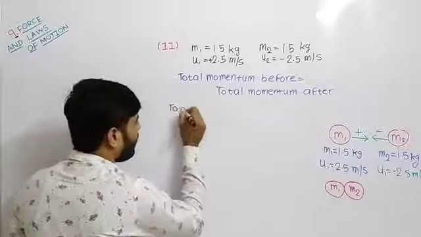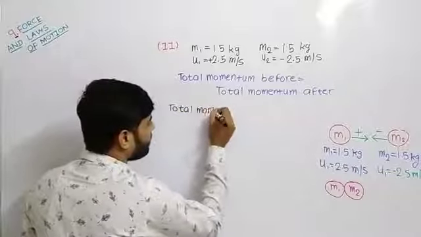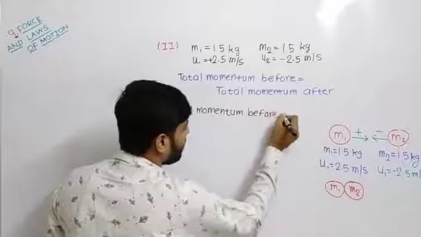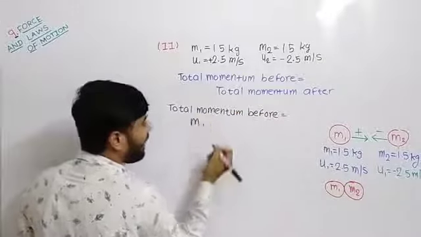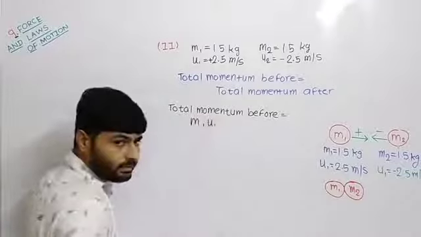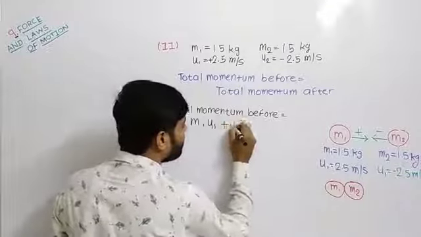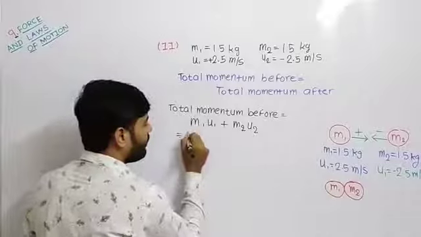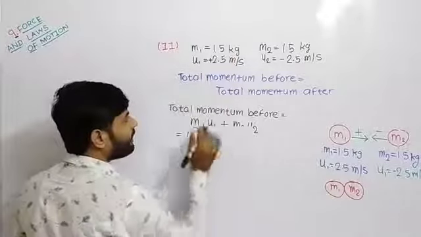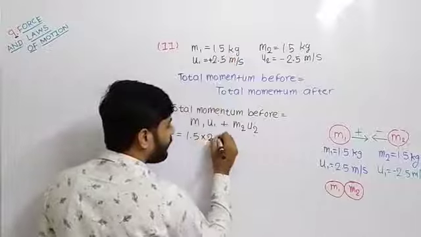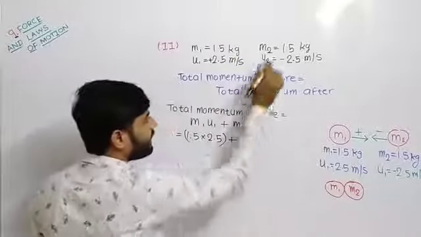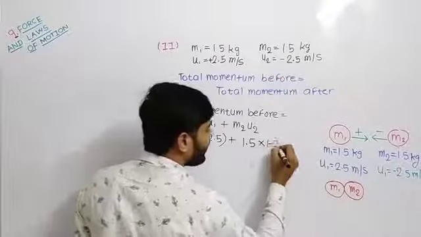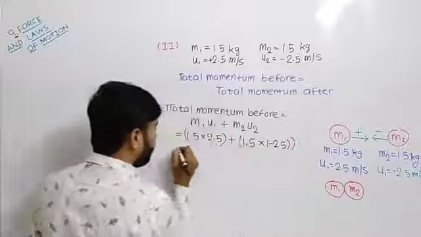So total momentum before is equal to m1 u1 plus m2 u2. So we have 1.5 times u1, which is 2.5, plus m2, which is also 1.5, multiplied by u2, which is minus 2.5.